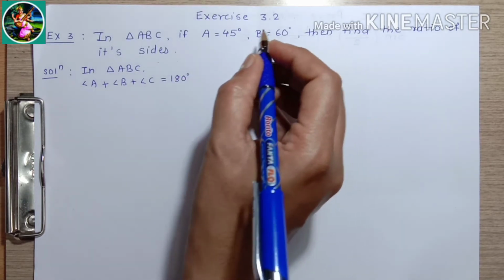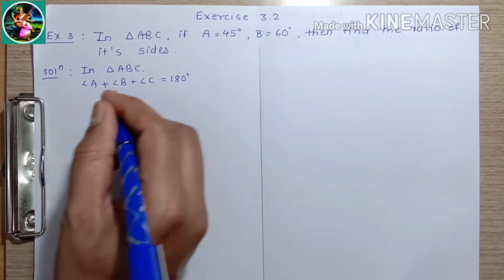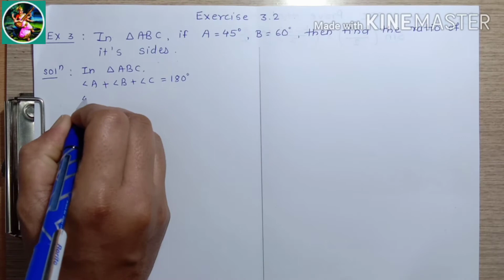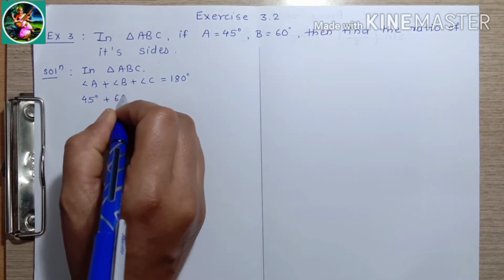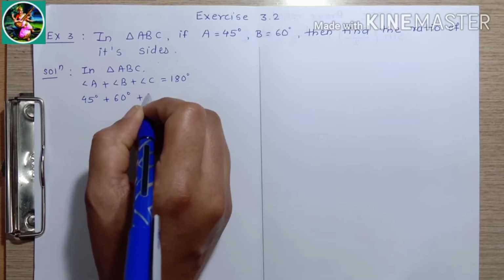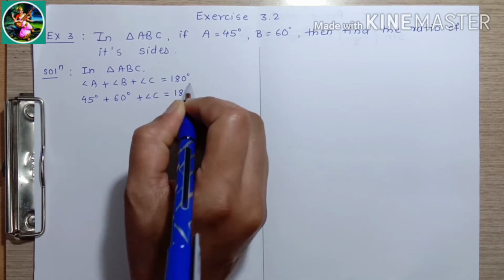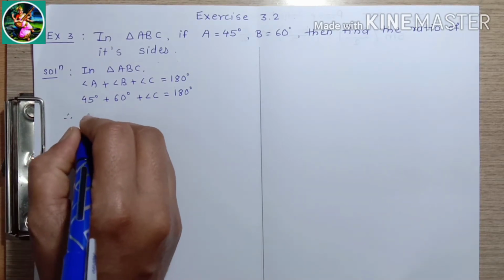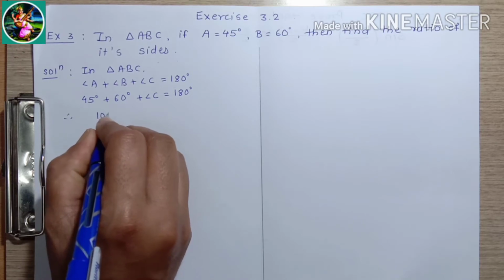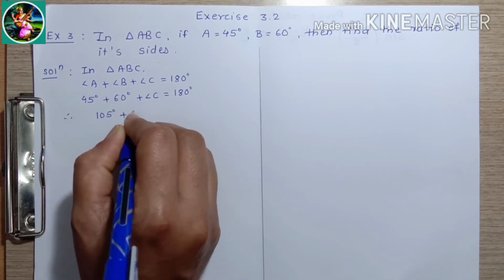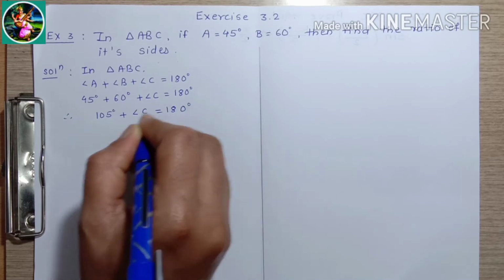We substitute the values: 45 degrees plus 60 degrees plus measure of angle C is equal to 180 degrees. That is 45 plus 60, which is 105 degrees, plus measure of angle C equals 180 degrees.